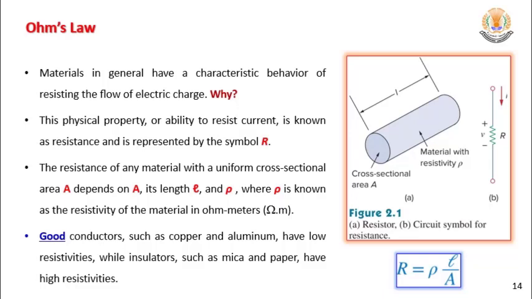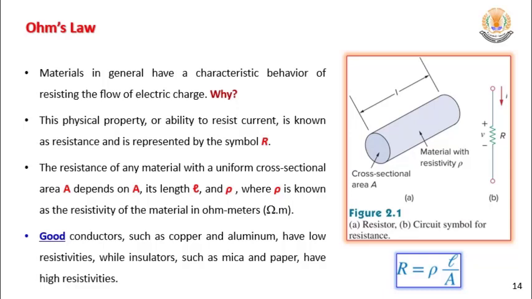This resistance, if the length of the conductor increases, it will increase. Okay? More resistance. But if you make the cross-sectional area larger, the resistance will decrease. If you increase impurities inside the conductor, you will have higher resistance.